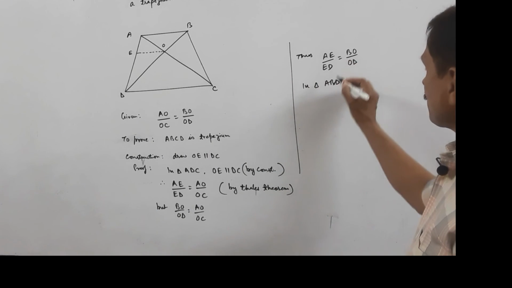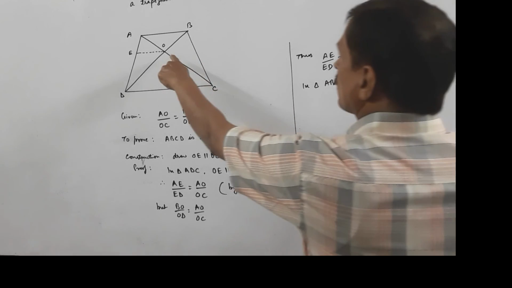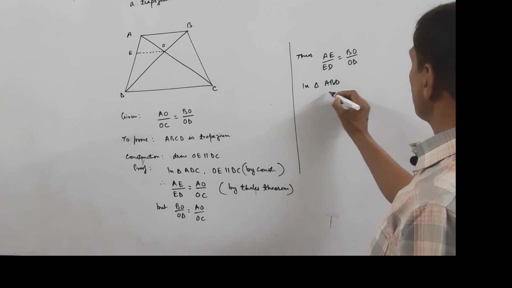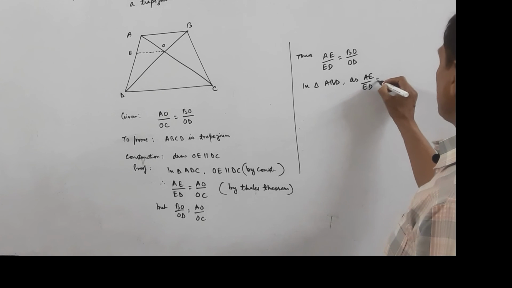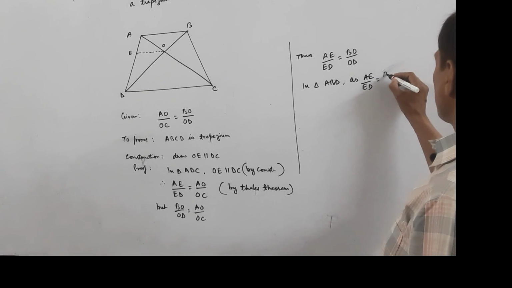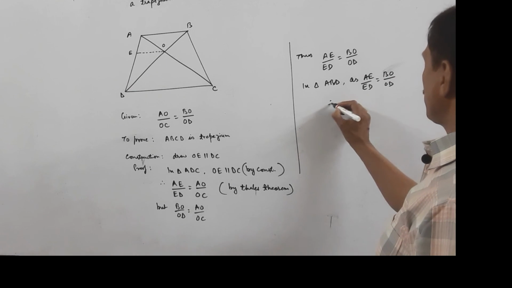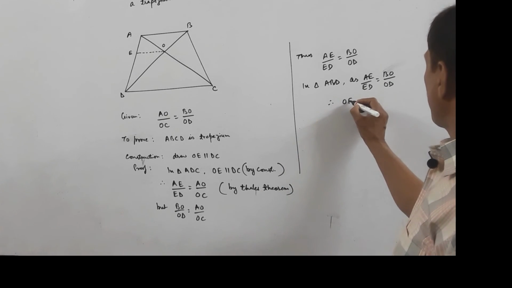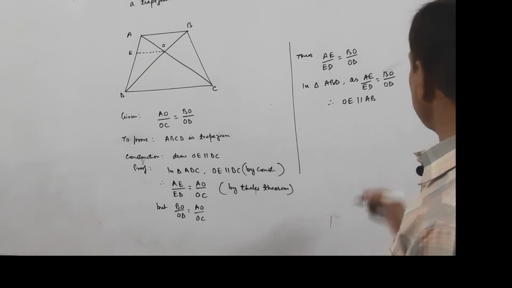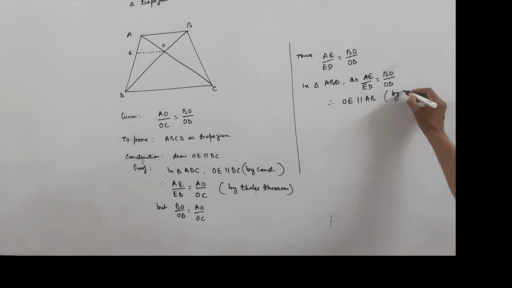Therefore, OE is parallel to AB by converse of Thales theorem.